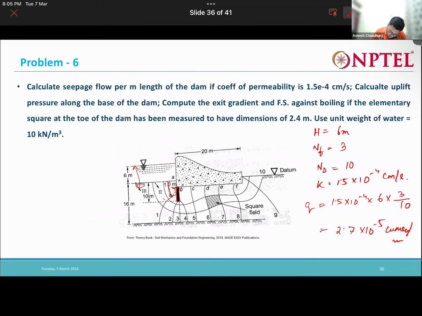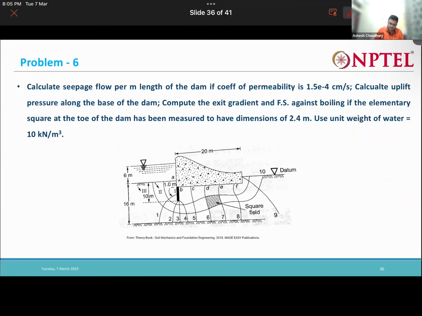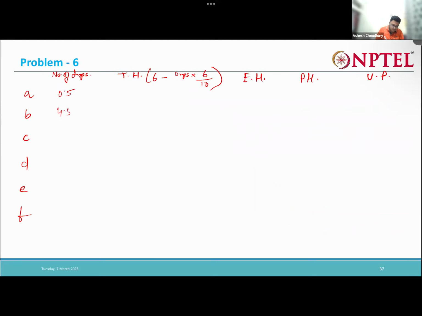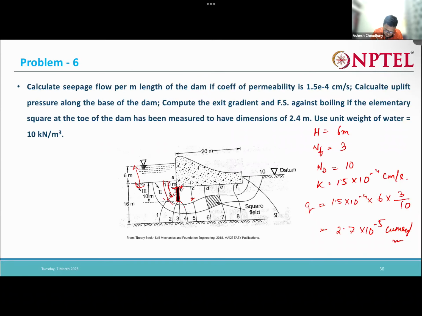So one drop here, 2, 3, 4. This is the fifth drop here, but my B is here. So approximately we are taking it as 4.5, between the fourth drop and fifth drop. Then point C. C point, you see, it's at the fifth drop, right?